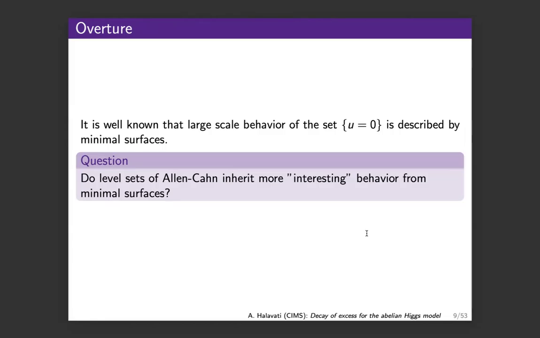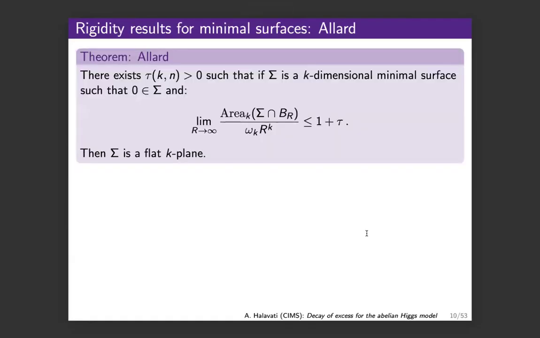One of them is actually a very classical result due to Allard, which basically says that if you have a k-dimensional minimal surface where its energy on very large balls is very close to the one of the flat plane, right? Then it should be flat. Okay. You can think about this as some kind of Liouville type theorem for harmonic functions.